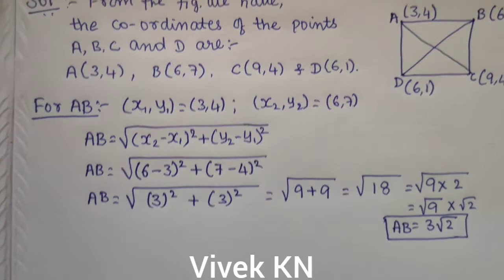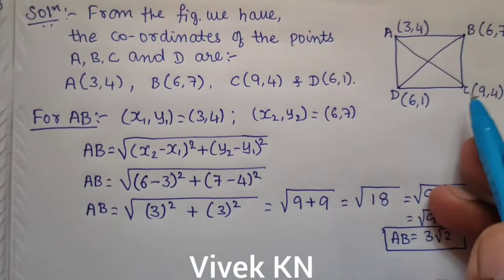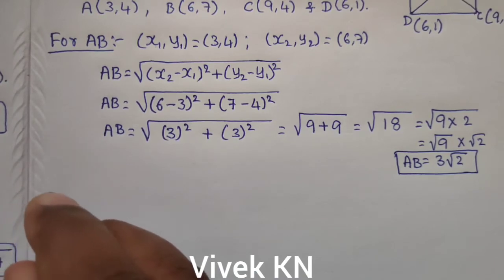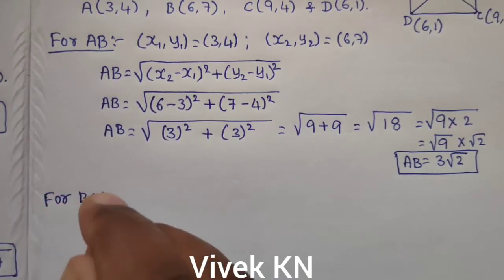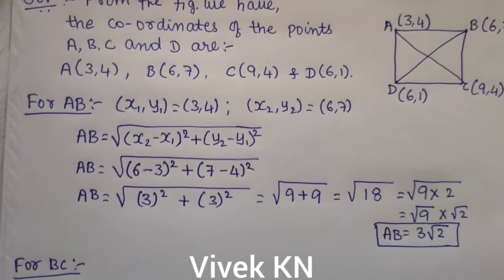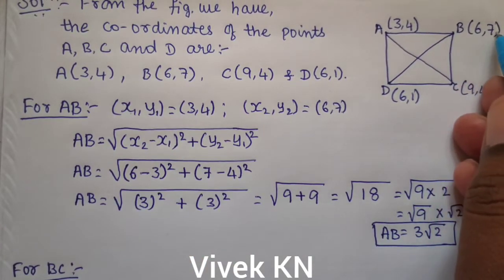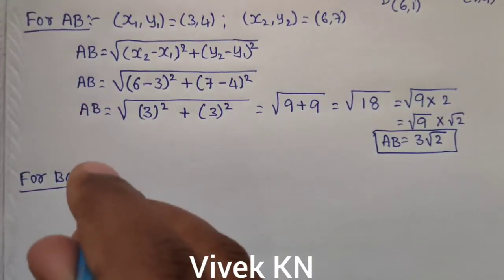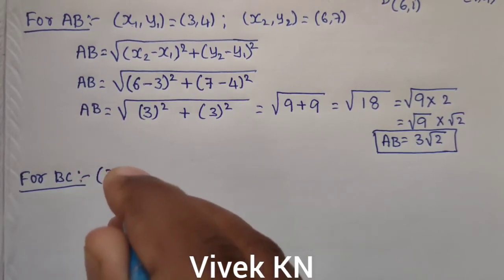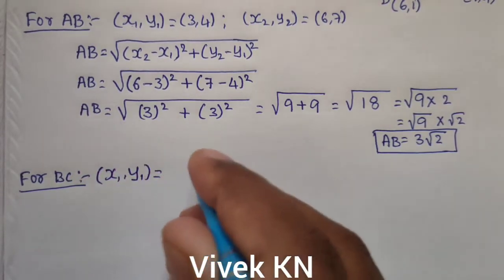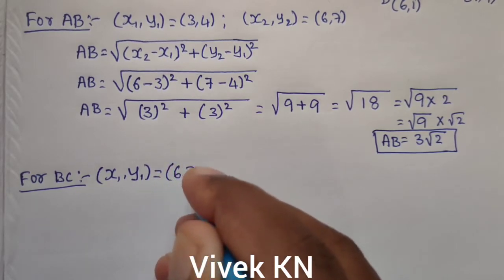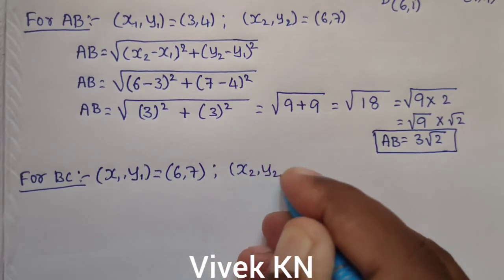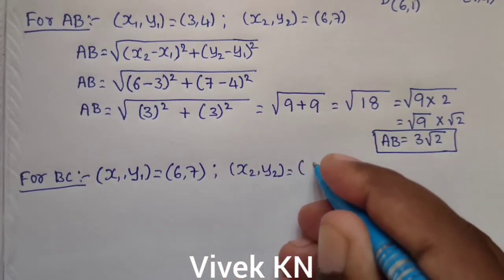Now let us find the distance between points B, C. For BC, this is x1 y1 and this is x2 y2. x1 y1 is 6, 7 and x2 y2 is 9, 4.